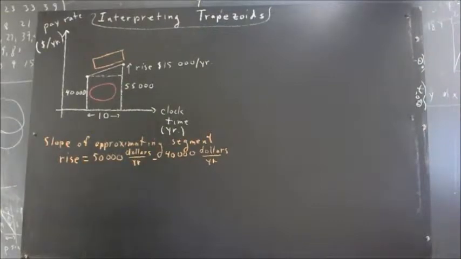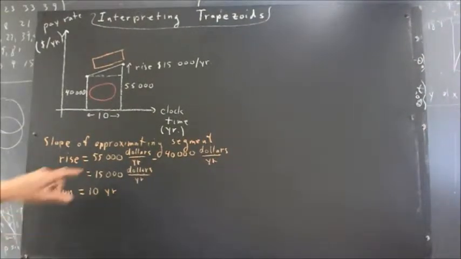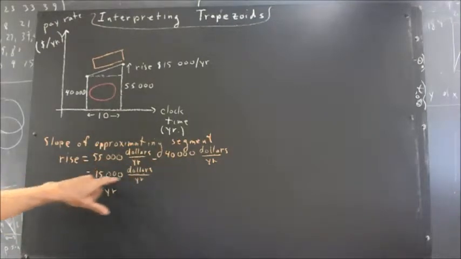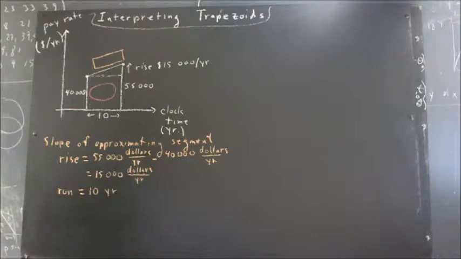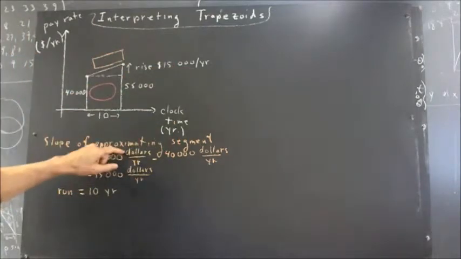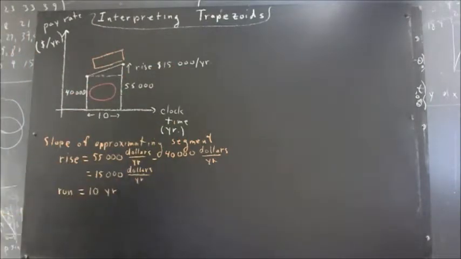Let me make that correction. Okay, 55,000 minus 40,000, and I've gone ahead and done the subtraction. We get $15,000 per year. And I've written out dollars over years rather than a dollar sign here and years here, just so we can deal with the units a little more rigorously.